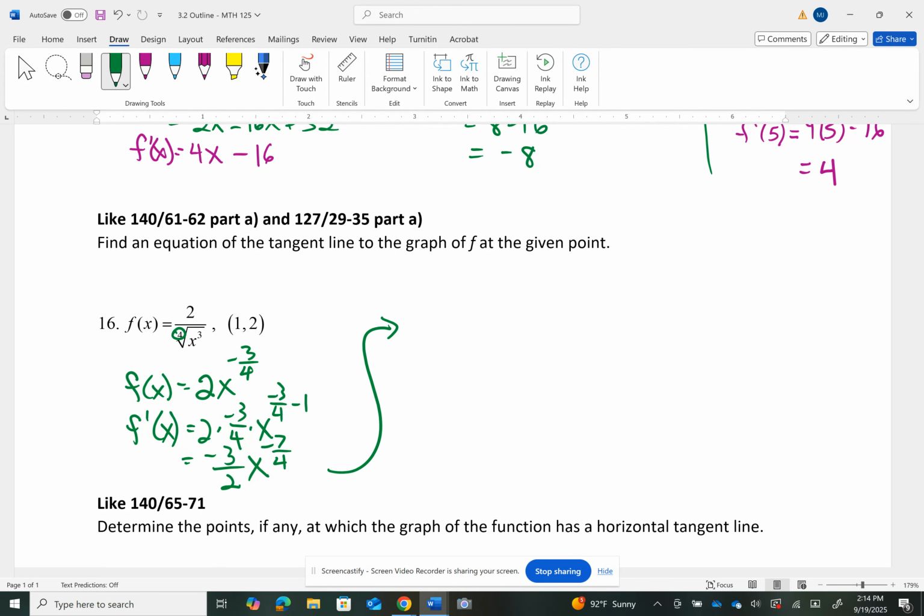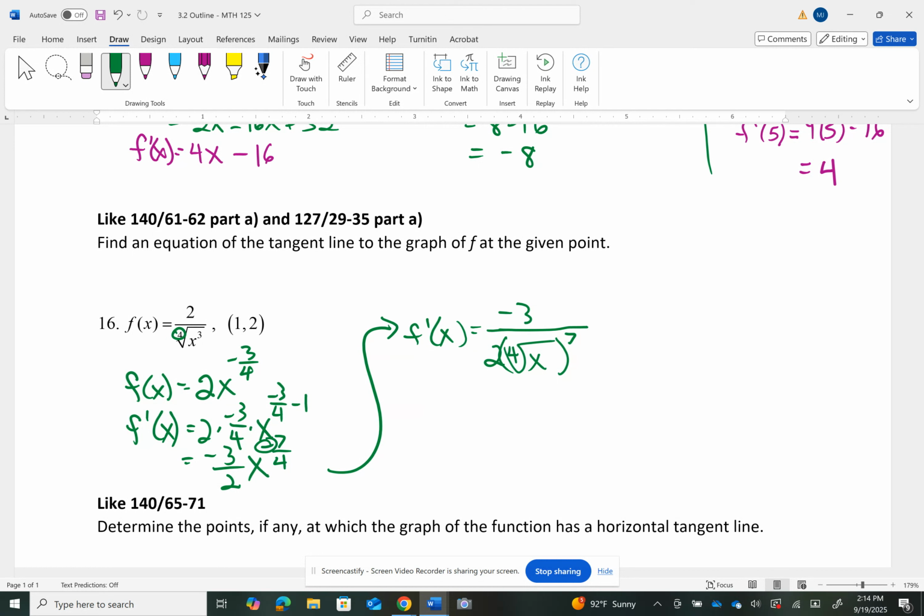Okay, so your derivative turned out to equal -3/2, and then you have the 4th root of x raised to the 7th power. And it's in the denominator because it had a negative on it.